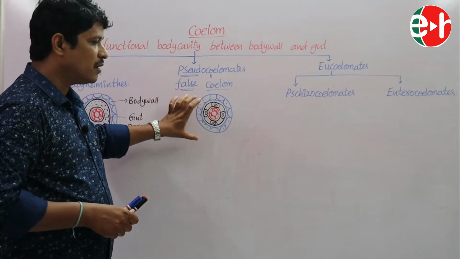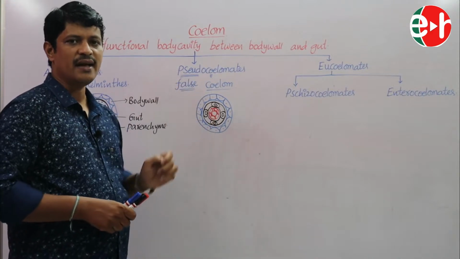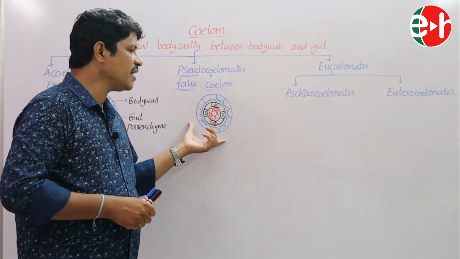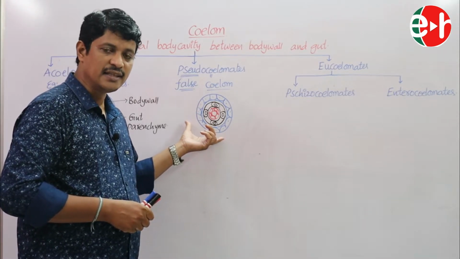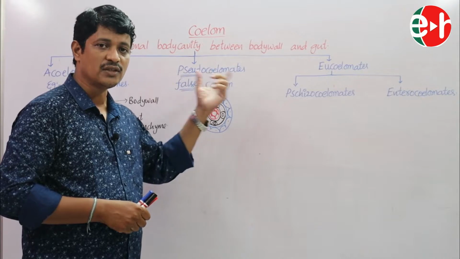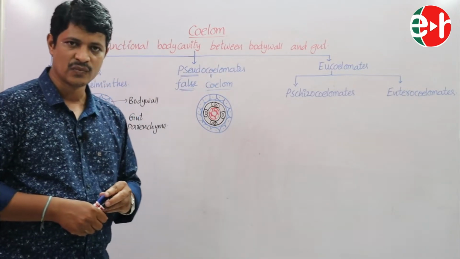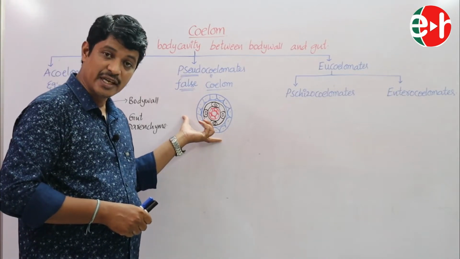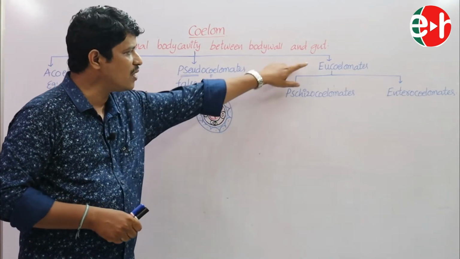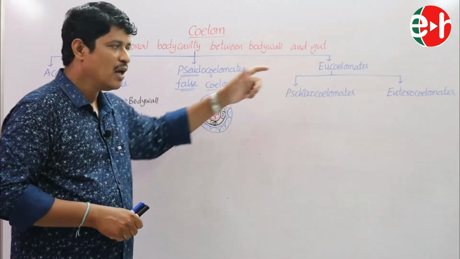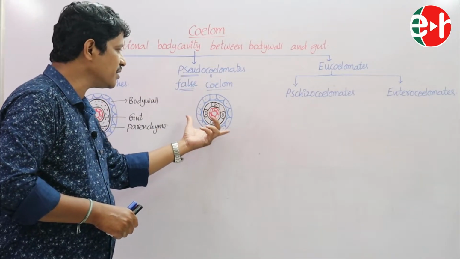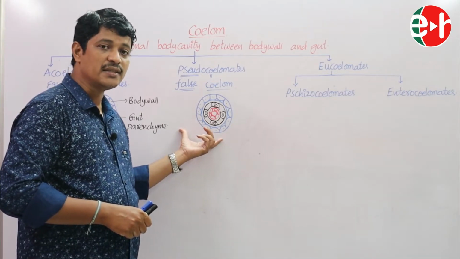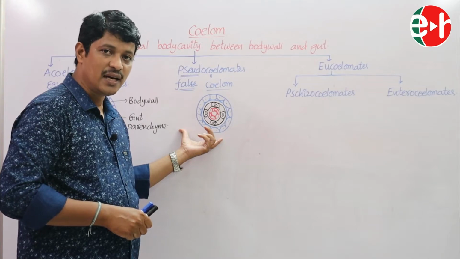If the body cavity is lined by peritoneum layers or mesodermal layers, it is called a true coelomate. But in pseudocoelomates, the coelom is not lined by mesodermal layers.